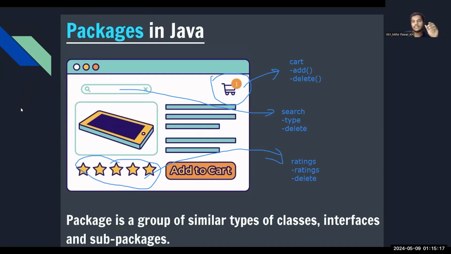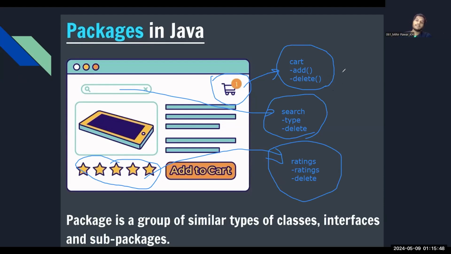And in ratings, we can give ratings and delete ratings. If we think logically, we have to separate all these sections. If you mix them, there will be a lot of mess. Every part has a different purpose, so we separate them into different folders, and those folders are called packages.